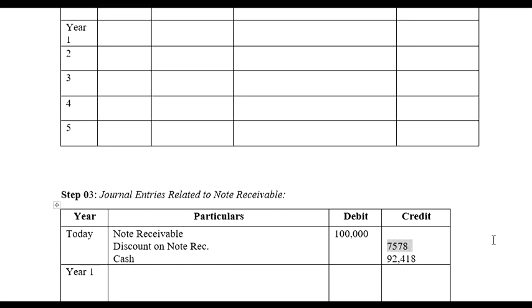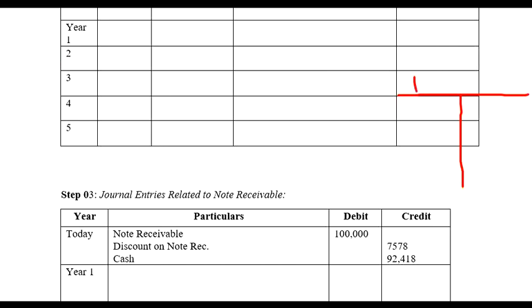Let me do the first year calculation for you, so you get the point of what I mean to say here. When this journal entry is made, a ledger will be created, and the title of the ledger would be the discount. That's my beautiful handwriting, sorry for that.